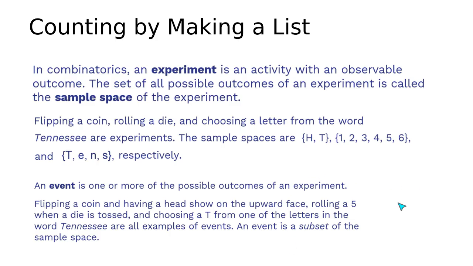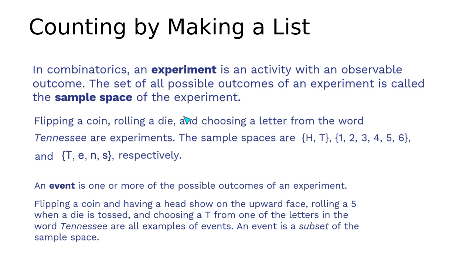Okay, so we're going to be using different ways of counting, and you're going to see some definitions that we're also going to be talking about, which you're going to use for the rest of this chapter. An experiment is an activity with an observable outcome. For example, flipping a coin, rolling a die, or choosing a letter, those are all considered experiments.